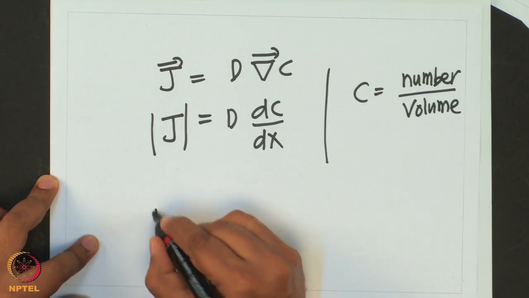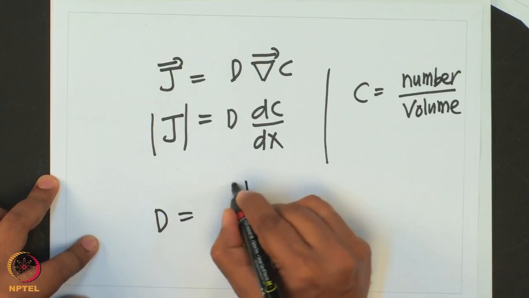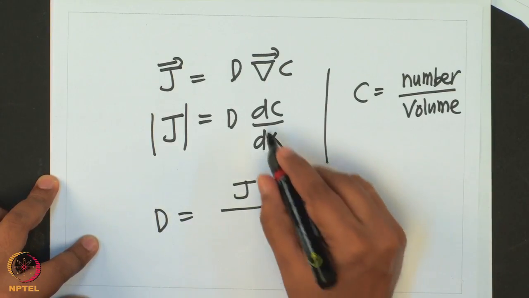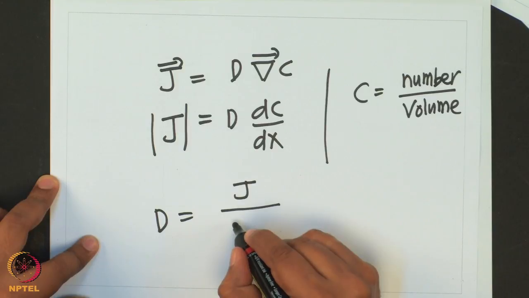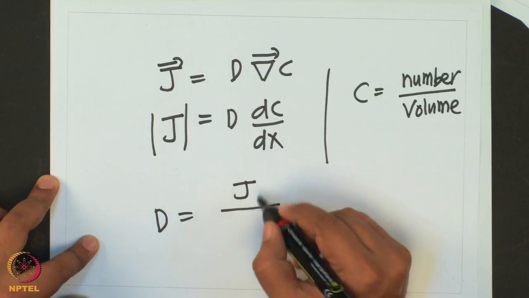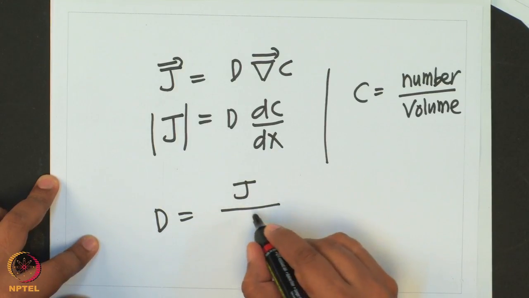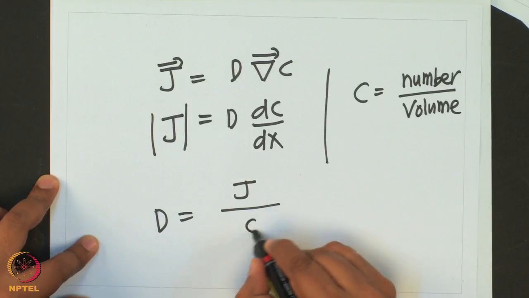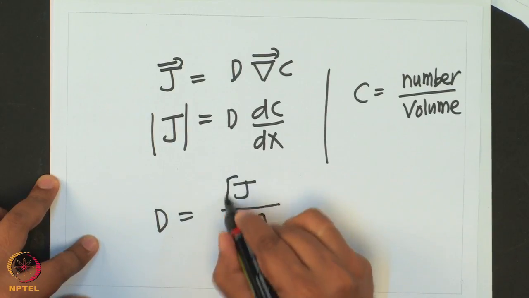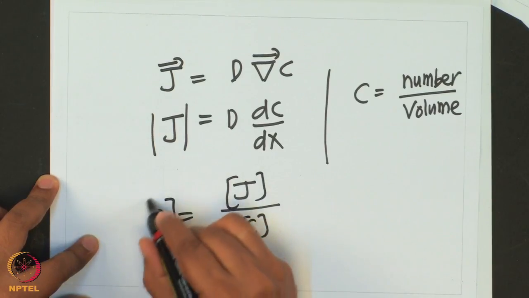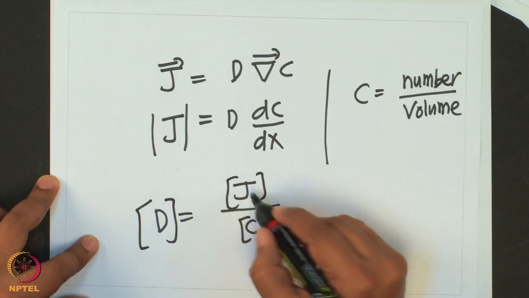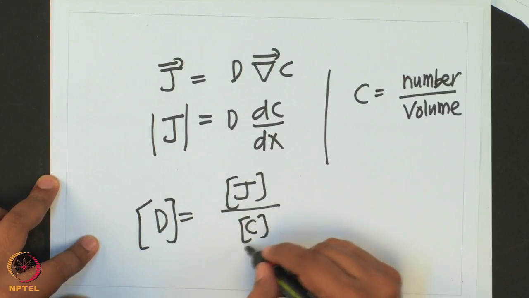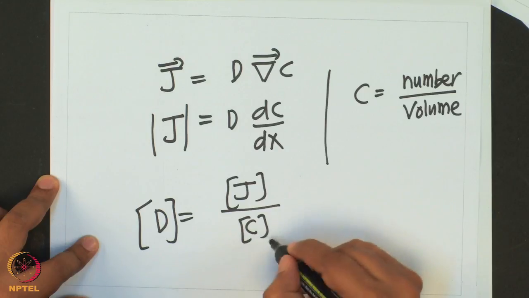If I take everything to the other side, J divided by the dimension of C divided by the dimension of L. So this is the dimension of J. The dimension of D would be the dimension of J divided by the dimension of C divided by the dimension of X.